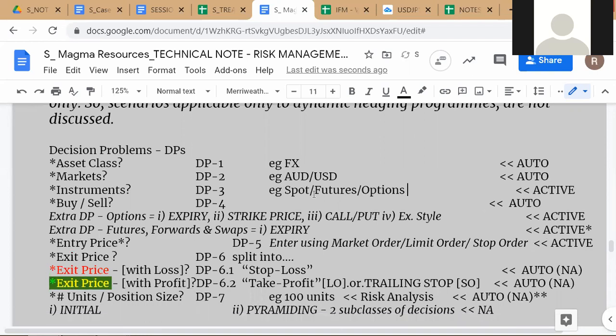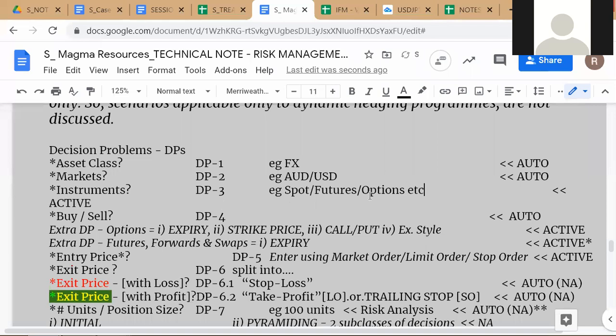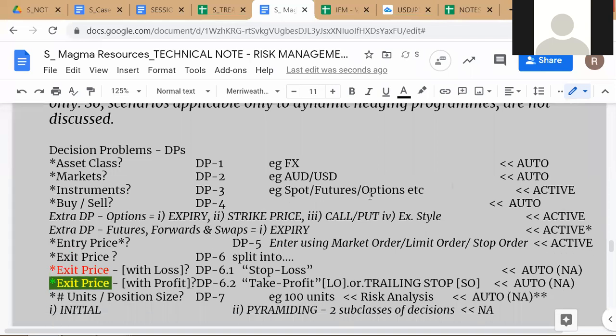They may have some restrictions on the use of options, etc. Or you may have a problem of not being able to sell options. So as we discuss asset class, market, and instrument together as three decision problems, we find that the third one, instruments, is not automatically solved.